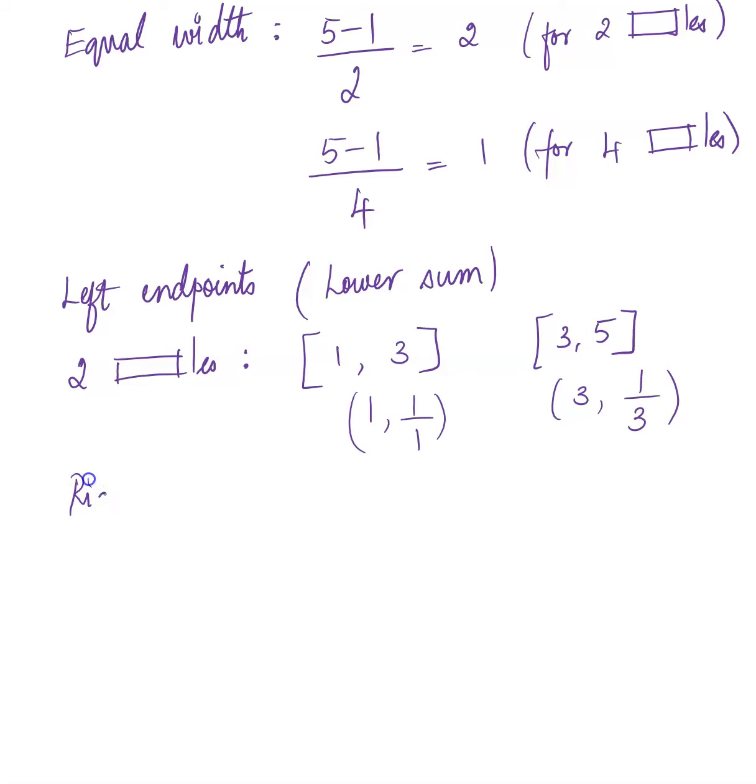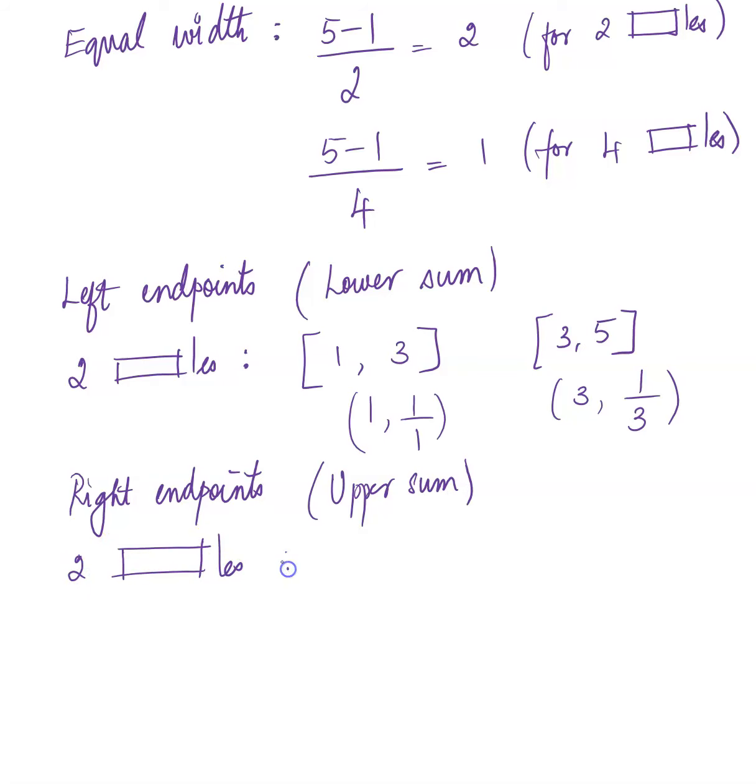And then I'll do the right end point. This is for the upper sum. Two rectangles. Same thing, 1 to 3. The interval will be broken the same way, but you're using the right end point.